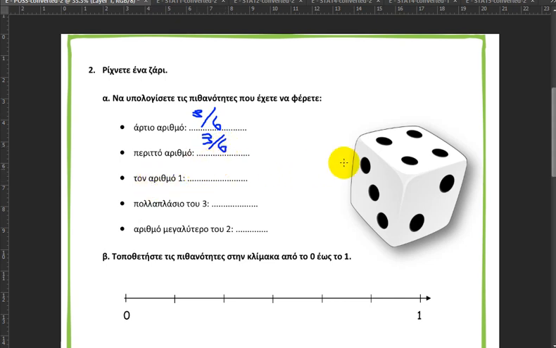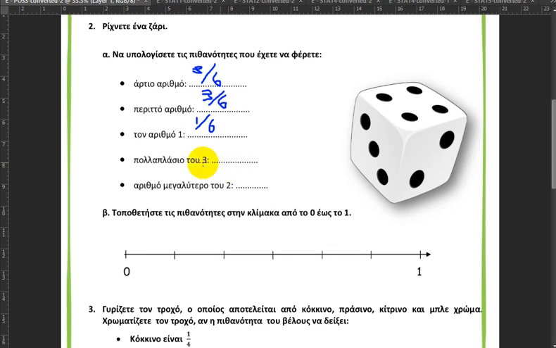The number 1. There's only one possibility of getting the number 1, so that's 1 out of 6 possible outcomes. A multiple of 3. The multiples of 3 that are on the die are only 3 and 6. So that's 2 of them, 2 out of the 6 possible outcomes then. 2 out of 6.